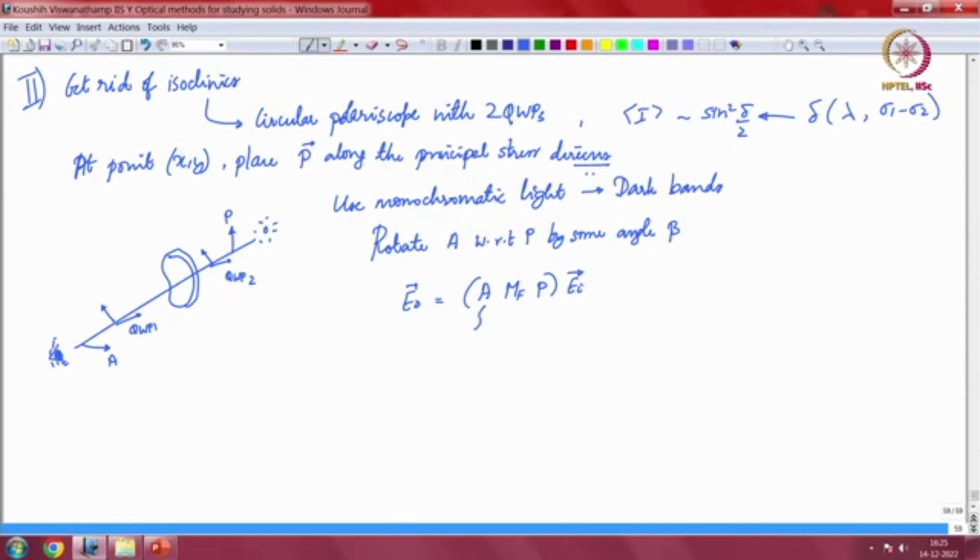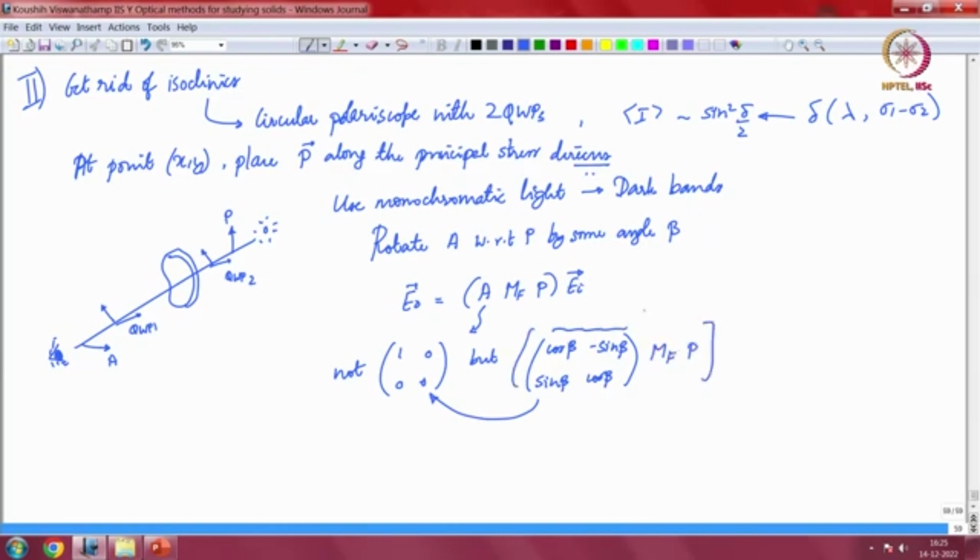The only difference now is that A is not 1 0 0 0, but it is at some angle, so it is going to pick up angle beta, so it is going to pick up some components along beta, and this is then applied to this. So you have now a rotated version of the A. So you do this times MF times P, and then to the whole thing you apply 1 0 0 0 if you want a dark field, a dark fringe in the dark field.